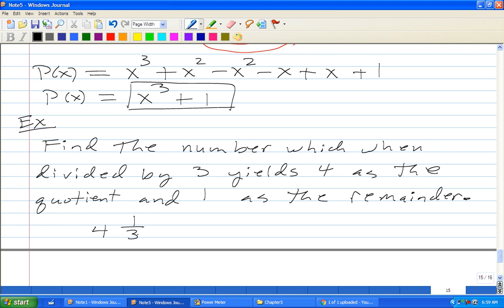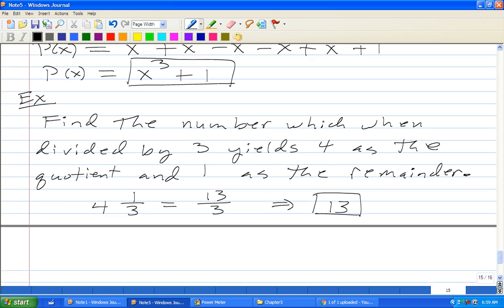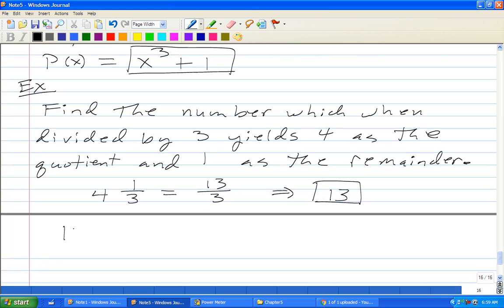And so this is just 4 1/3, which is 4 times 3 is 12 plus 1 is 13 over 3. And so that number that I want is 13. So I found the 13 by taking 4 times 3 and adding 1 to it. Which is just the division algorithm.